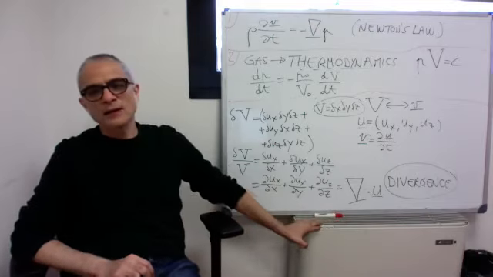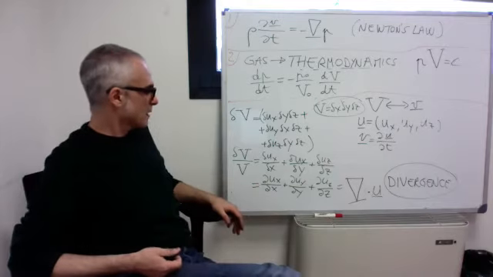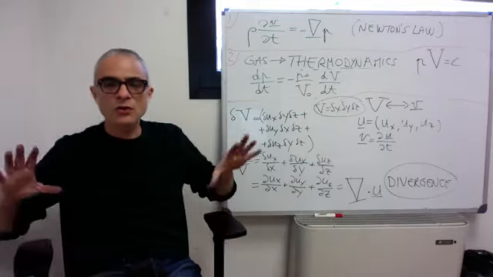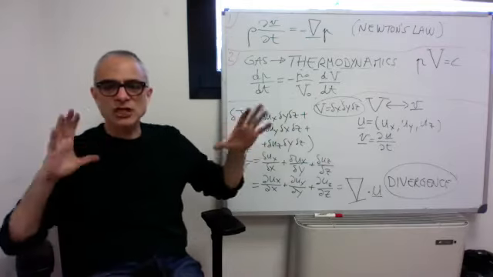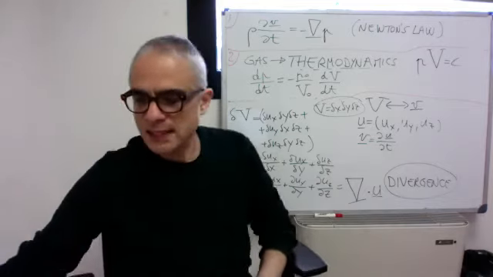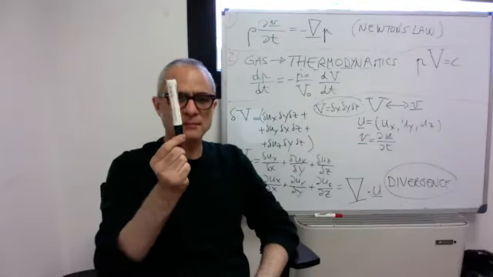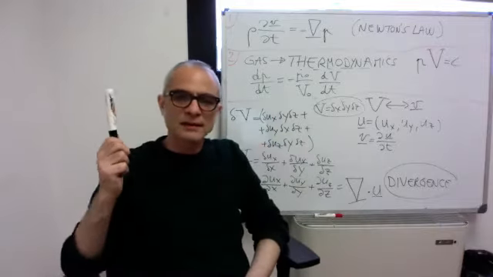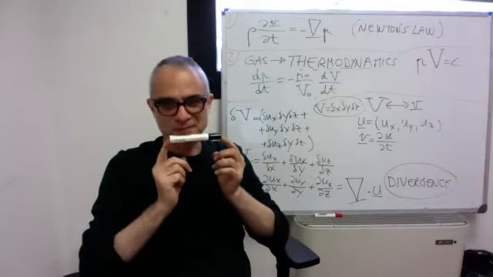So you can have displacement with zero divergence. It means that the displacement is constant in space. If something moves without changing space, say my marker moves in space without changing space, I'm not breaking it, I'm not compressing it, I'm not pulling it, the divergence is zero, okay?